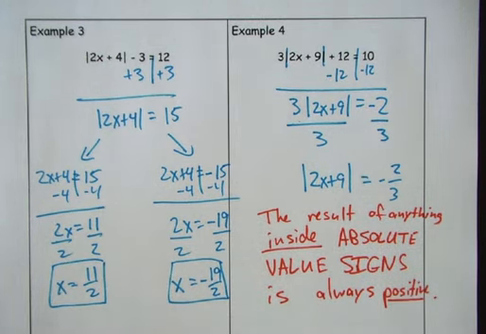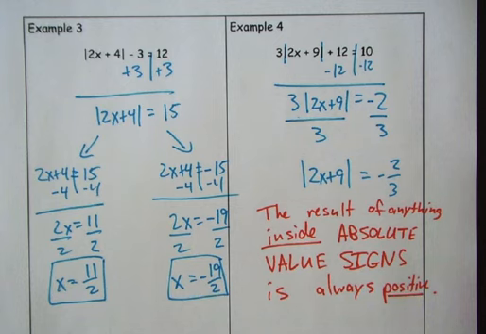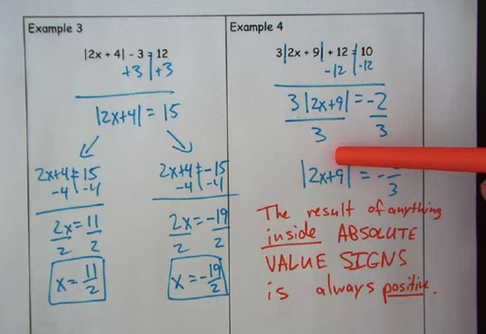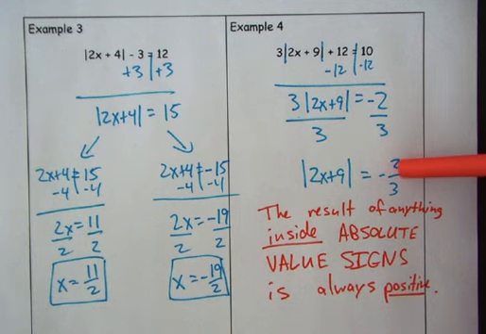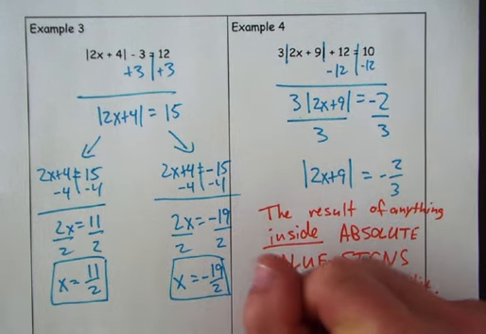So the absolute value of negative 8 is always going to be positive 8. Absolute value of negative 32 is always going to be positive. Well, here we have absolute value of 2x plus 9 equals negative 2/3. Can anything inside an absolute value ever equal a negative number? No. There's no value you can plug in for x here that will, after it goes through the absolute value, give you negative 2/3. You can only ever get a positive number. What that means is there is no solution.